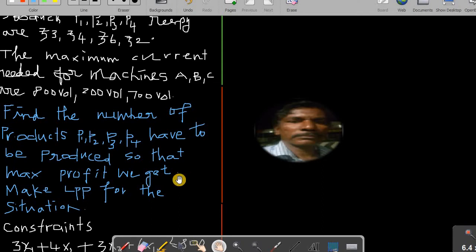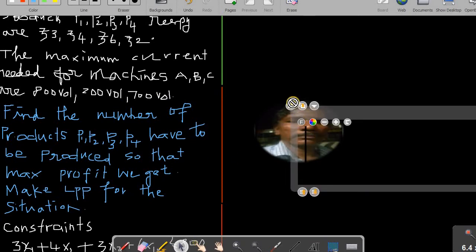That is our aim here, and we have to make an LPP model for the situation.